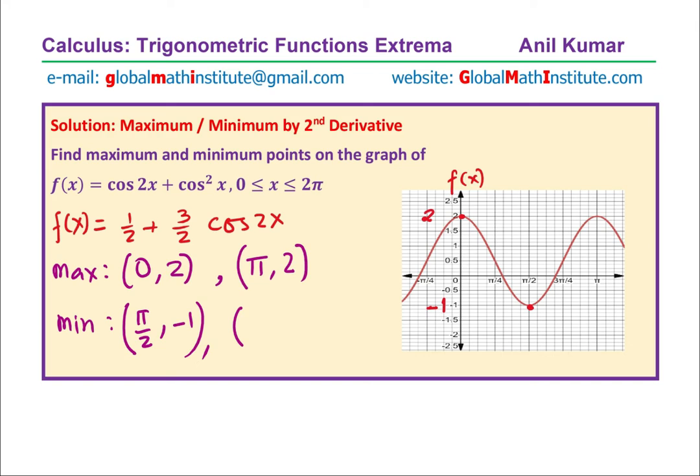Clear. So in this case, we have the next value, which will be at 3 pi by 2, which is -1.